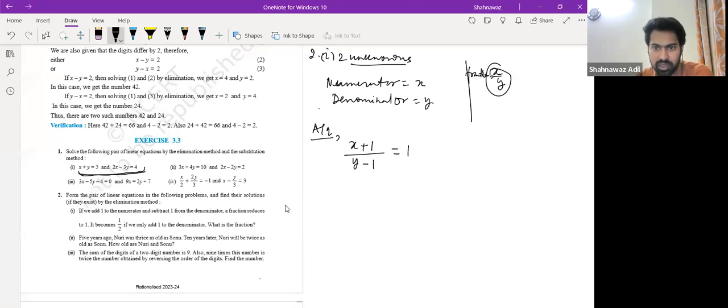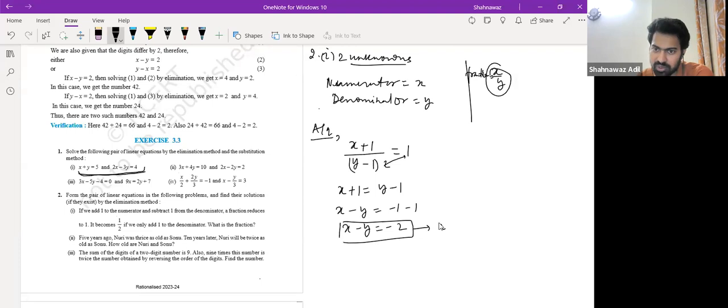Right, so now we have to multiply, so this would become x plus 1 is y minus 1, right? So x minus y, and then minus 1 goes to minus 1. So x minus y is minus 2. This is the first equation.